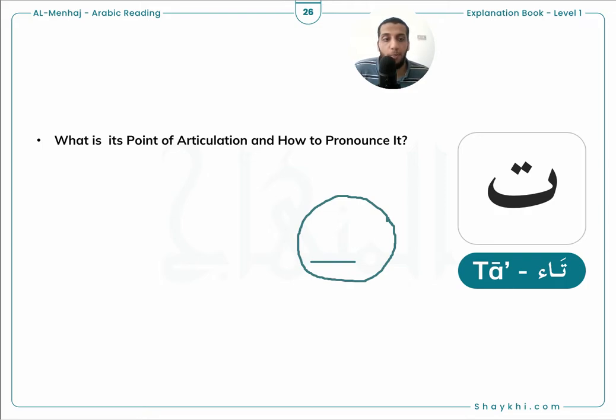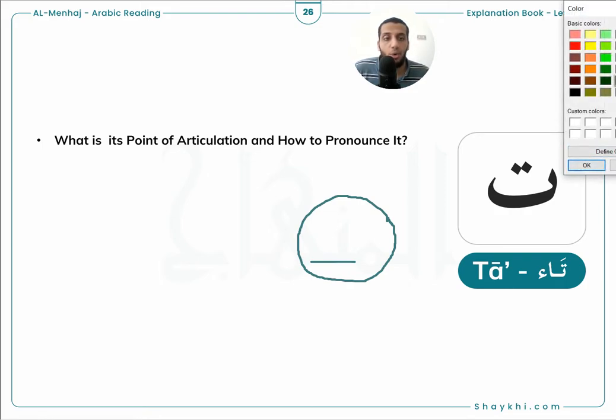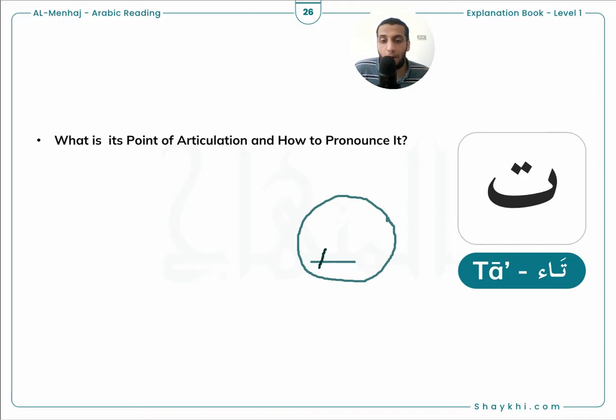Okay, this tongue, we have to divide it into 3 parts. The mouth is here. So the first part we will call the top of the tongue, which is nearest to the mouth.